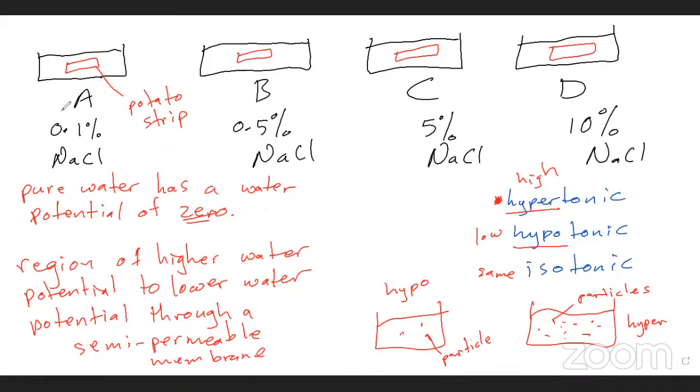So any container where water is moving from it would have a higher water potential than the cell. From A, B, C, and D, which one of them did water move from into the cell? Container A. Right.